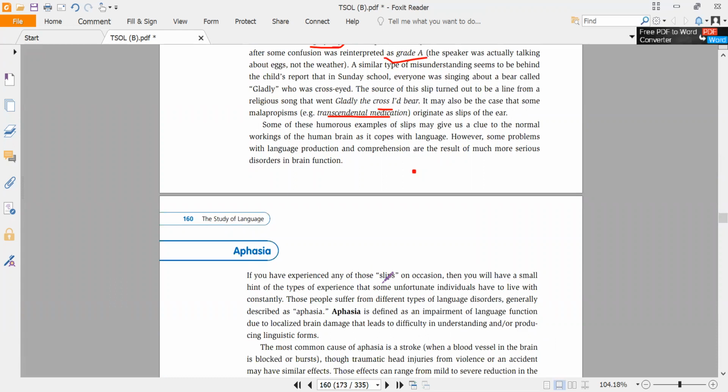Slips of the tongue and slips of the air are temporary, because of absence of mind. But there are some speech disorders which are permanent in nature, due to damage to some parts of the human brain. We'll talk about those speech disorders in the coming session, inshallah.